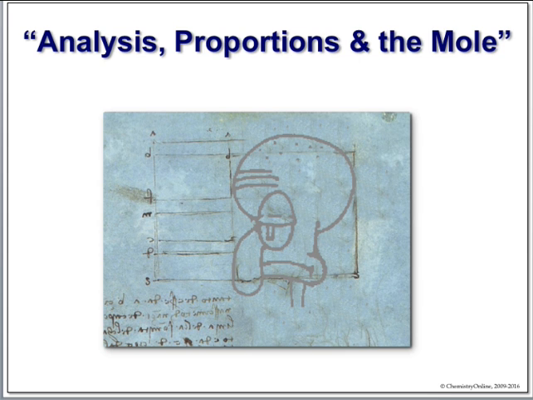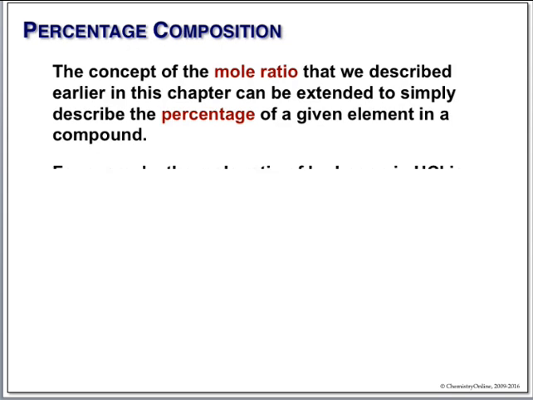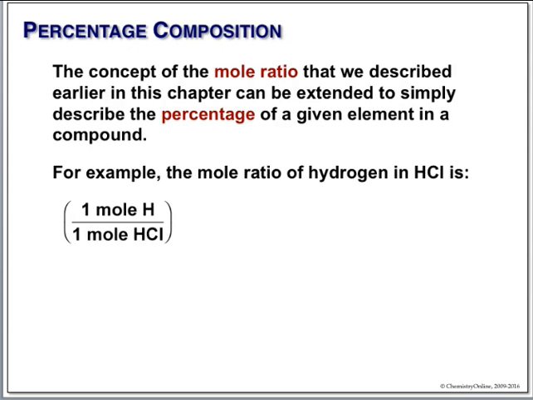After we do that, we're going to move into chemical analysis and talk about percentage composition of compounds. I guess we're going to do it in the opposite order, but that's fine with me.